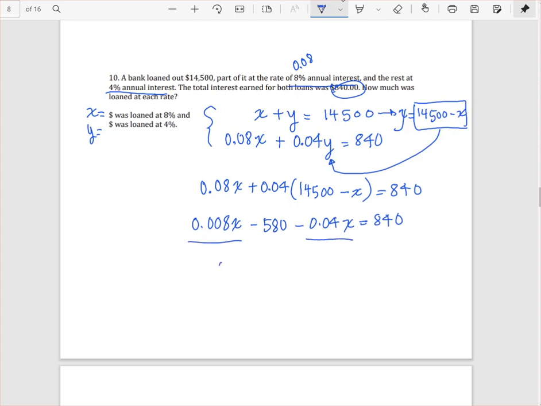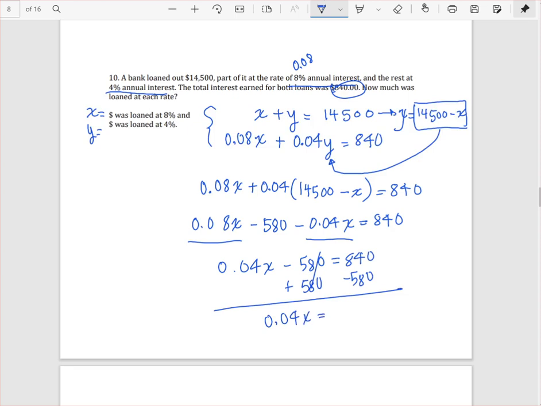These are on the same side, so I'm just going to subtract them. I don't know why I put an extra 0 here. These are on different sides, so I do need to change the sign when I try to combine them. And I'm going to divide by this.